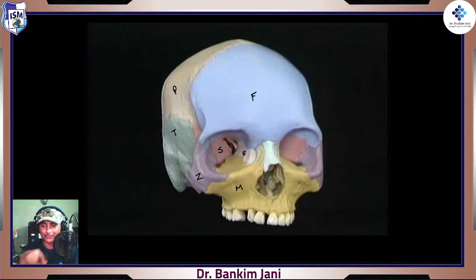If you really want to see the complete ethmoid bone, and we'll see that later, we have to dismantle the entire skull, and then the ethmoid comes out, and we find that ethmoid is so complex, but it is completely hidden. The best part is that we'll be learning ethmoid when we talk about the nasal cavity, because that's where we'll find that this is such a beauty. Then this is the lacrimal, and this one is nasal, right? But that's it. These are the bones.